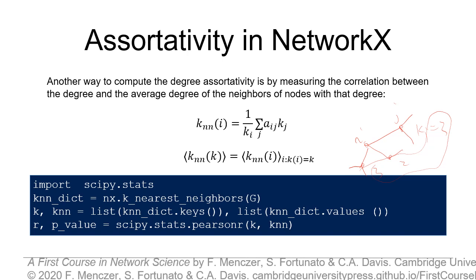Then you measure all KNNI for each node I, then average. That is the average KNN. You can also measure this value with SciPy stats, like this one. You can easily measure this KNNI value and the average KNN value also.